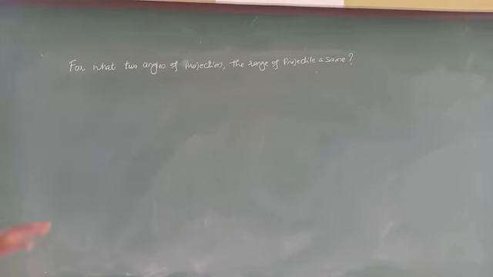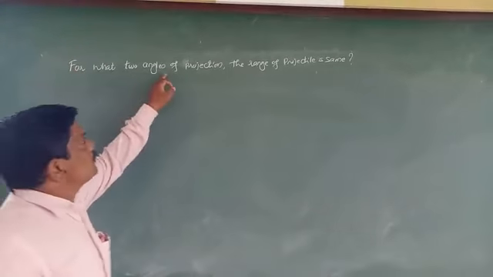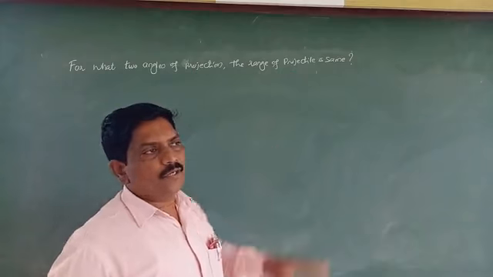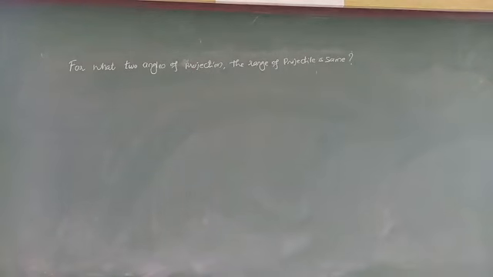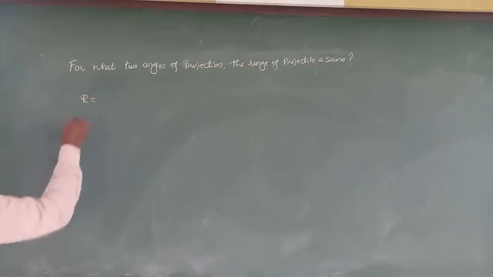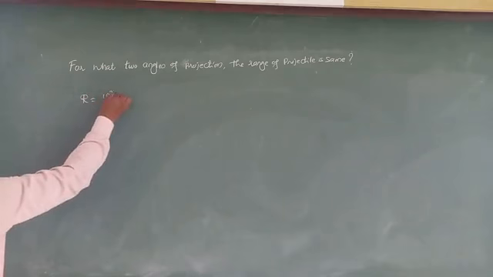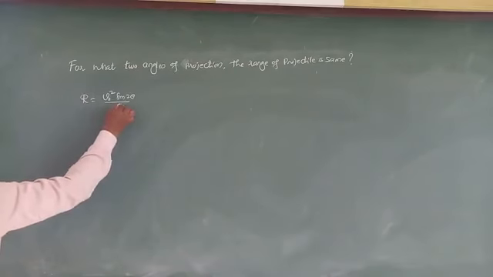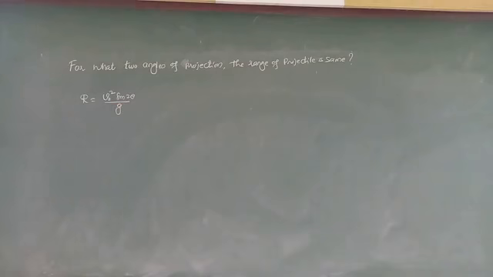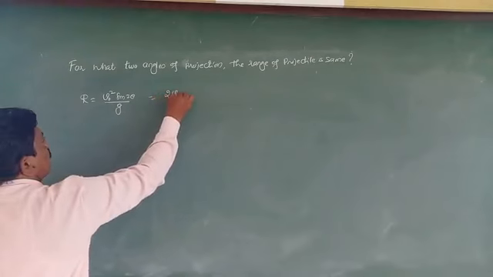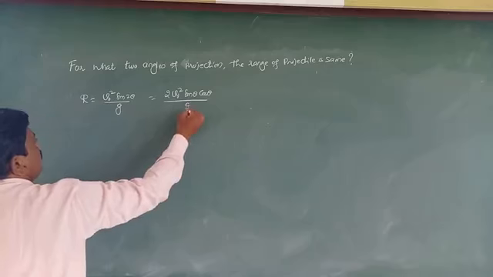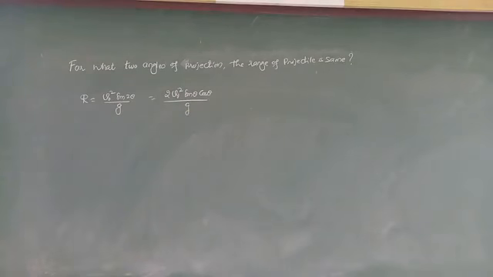The next question is, for what two angles of projection is the range of the projectile the same? We have already known the range of the projectile is R equal to v naught square sin 2 theta divided by g, or we can also write this as 2 v naught square sin theta cos theta divided by g.